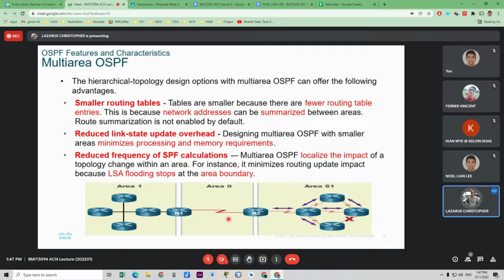If the network is already large enough to have two areas, then in the first place I will already have multi-area, but one of them will be zero, and the other any number, one or whatever. And I identify my area zero as the backbone of my network. Normally in an organization, that will be my main head office, for example, and that will be my area zero.